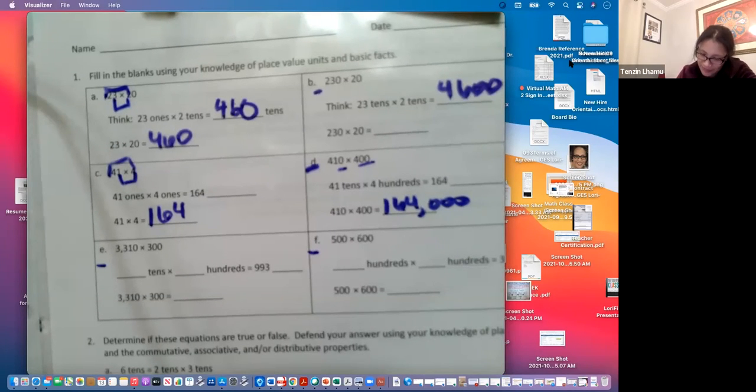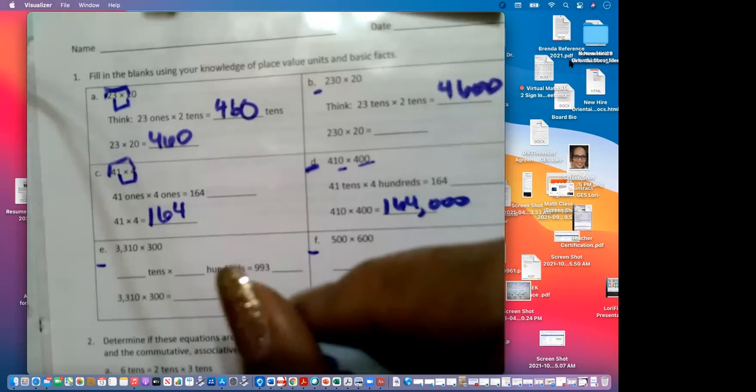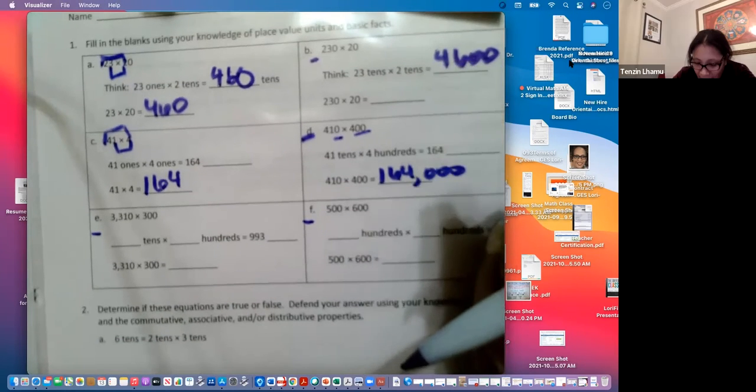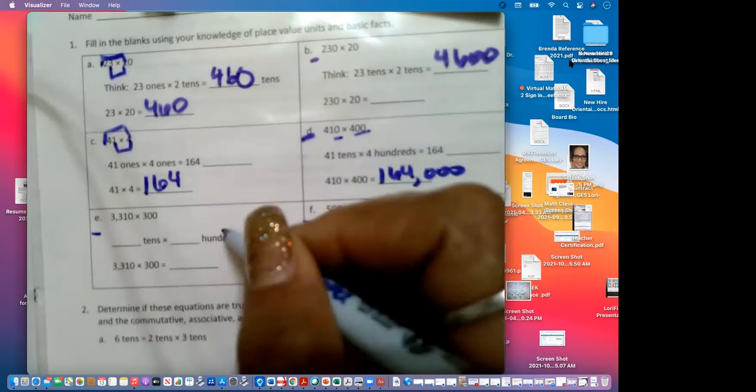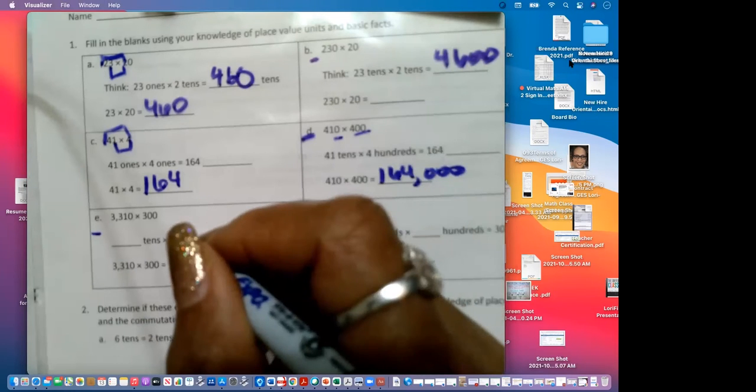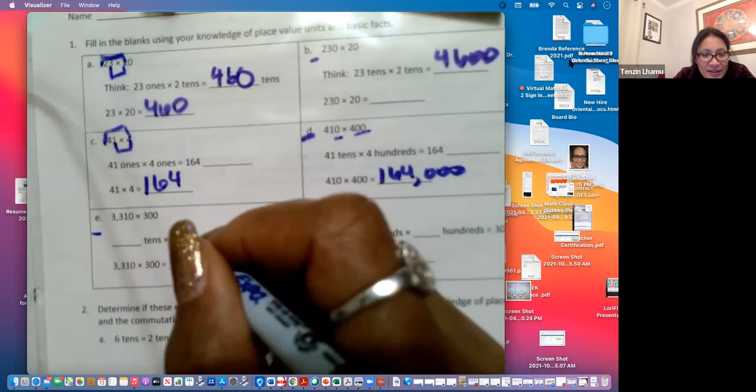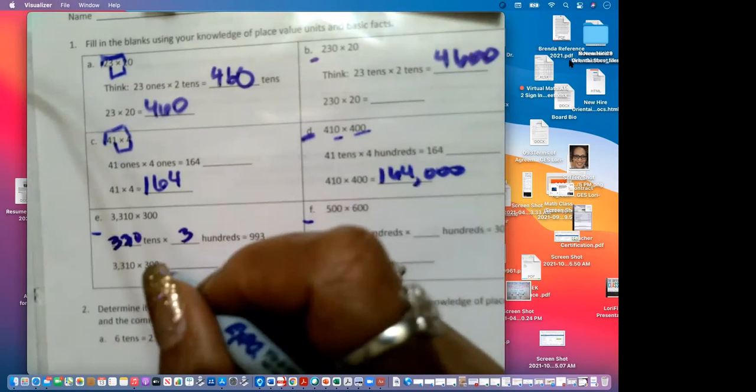Go ahead. Tell me how you solved it. I put the 310 in the tens place and the hundreds is 300. So how many zeros do you know it's going to have?